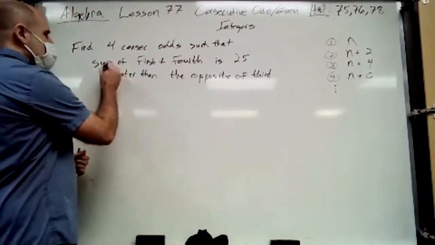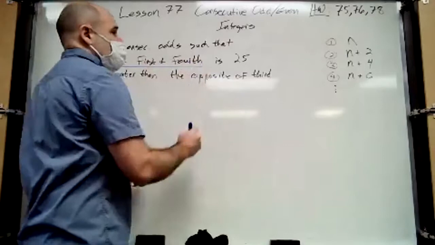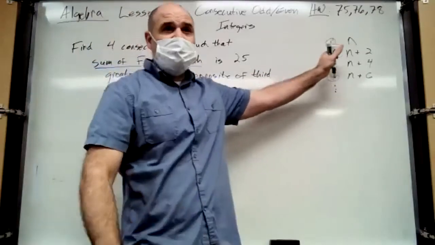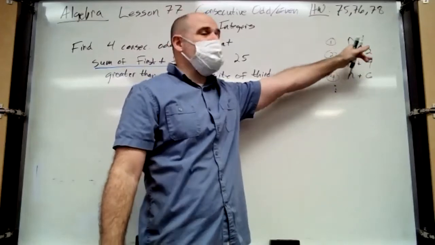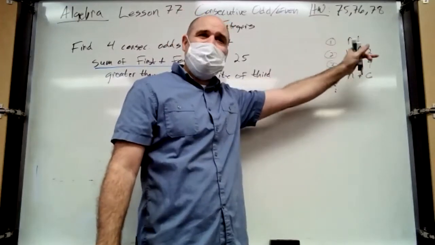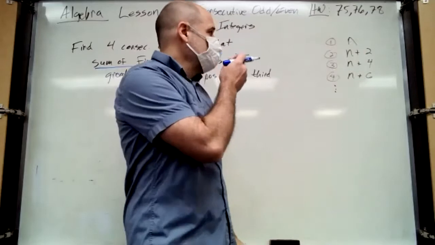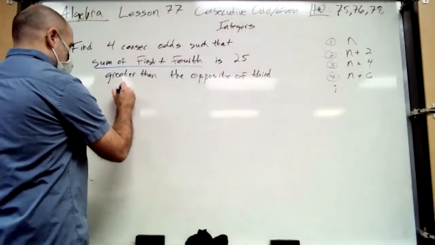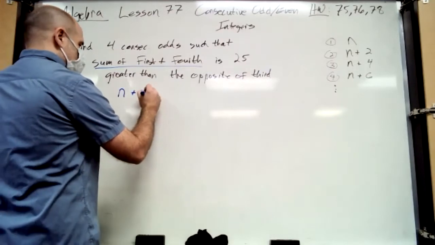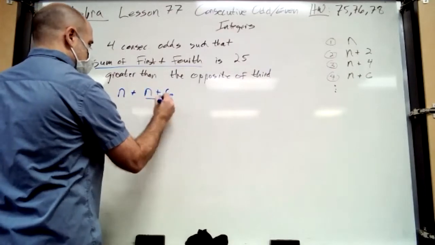So how do you say the sum of the first and fourth? Well, guess what? Our key is still the same, remember? Even if they're even or odd numbers, they're always 2 apart. So you're adding 2 every time. Okay, so what's the first? And what's the fourth? N plus 6. Good.